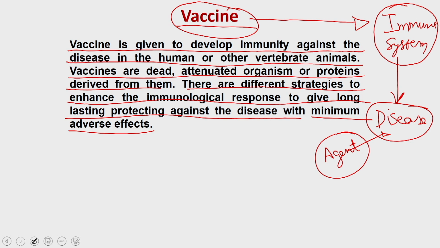In this case you can take the dead organisms, the attenuated organisms, or even the proteins from that particular organism to challenge your immune system. You train your immune system in such a way that when the real organism comes, it combats these infectious organisms, and that is how they are eradicated from the system.